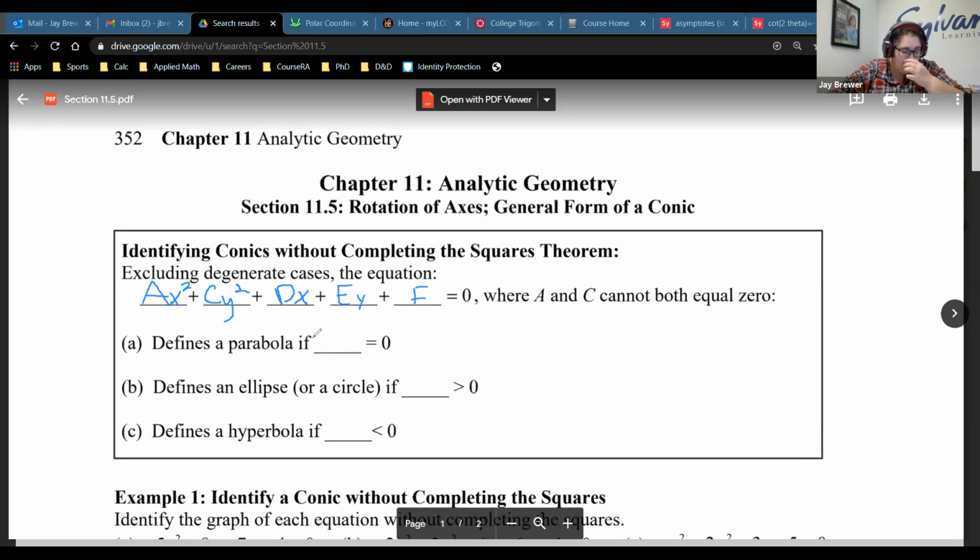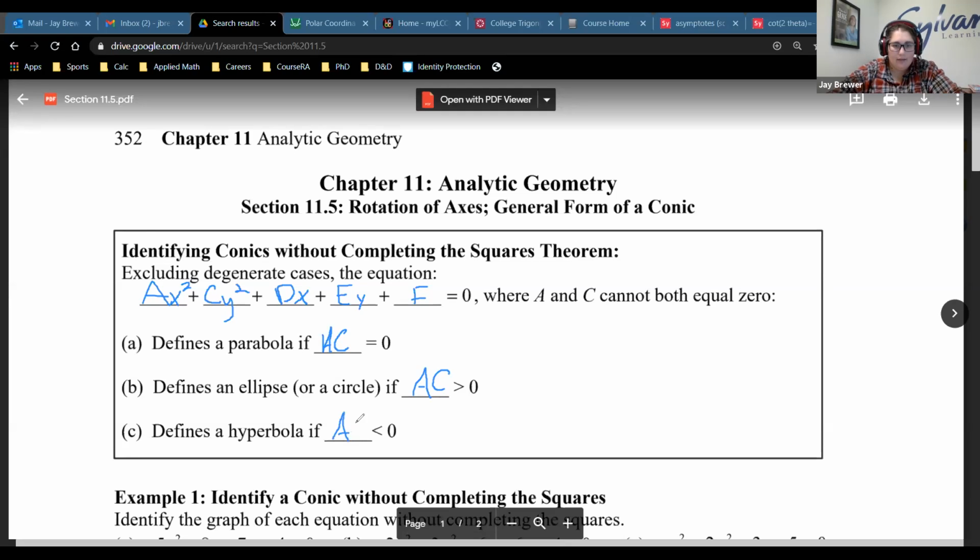And this is how we find it. If we take A times C and it's equal to 0, then the equation you're working with is a parabola. If we take A times C and it's greater than 0, then you're dealing with an ellipse or a circle.